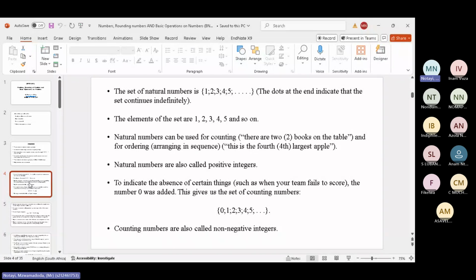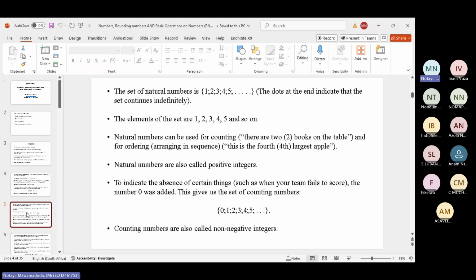To indicate the absence of certain things, such as when your team fails to score, the number 0 was added. It indicates nothing. These are the set of counting numbers, which now starts from 0: 0, 1, 2, 3, 4, 5, up to infinity. Counting numbers are also called non-negative integers.